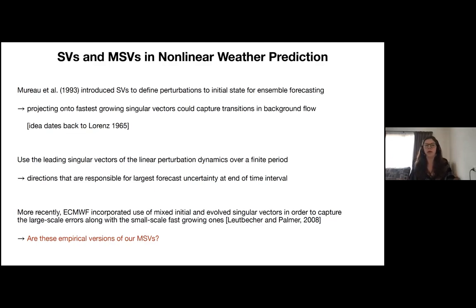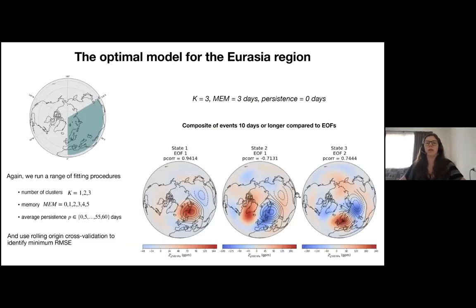So by mixing initial singular vectors and the singular vectors after pushing forward for the time period you're interested in, they were empirically pulling out the initial perturbations for their ensemble. And our question was, are these actually empirical versions of the MSVs that we are computing?